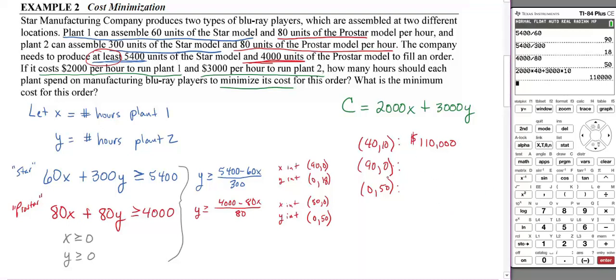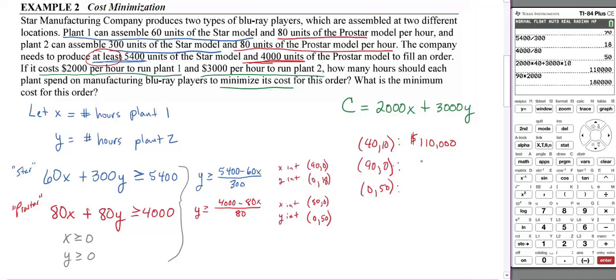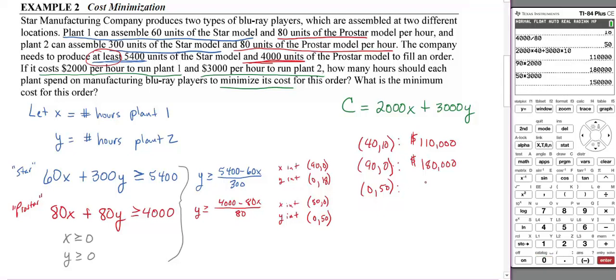And then I have 90 times 2,000. That would give us 180,000. And then 50 times 3,000. We get 150,000.